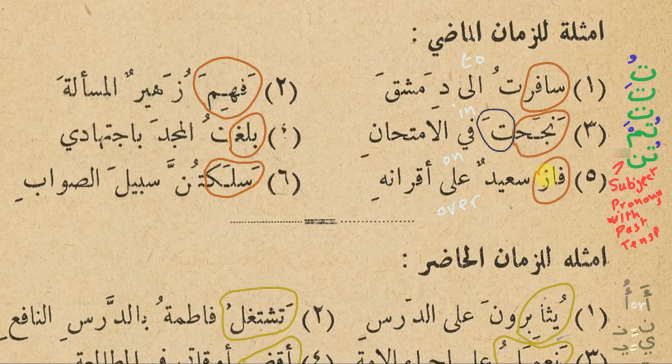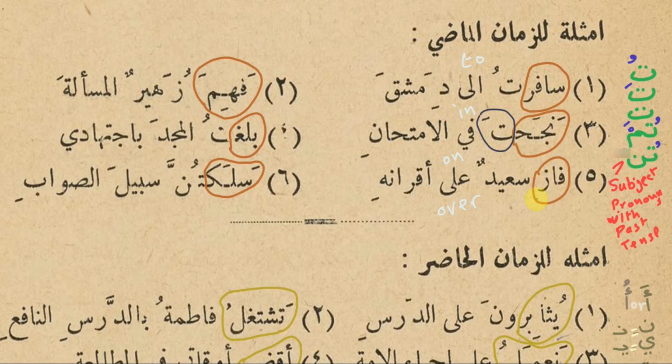فاز, this here, if there is no pronoun attached to the past tense, it means it's by default a third person singular masculine. So فاز. Any verb in the past tense, if no pronouns are attached to it, that indicates the third person singular masculine.